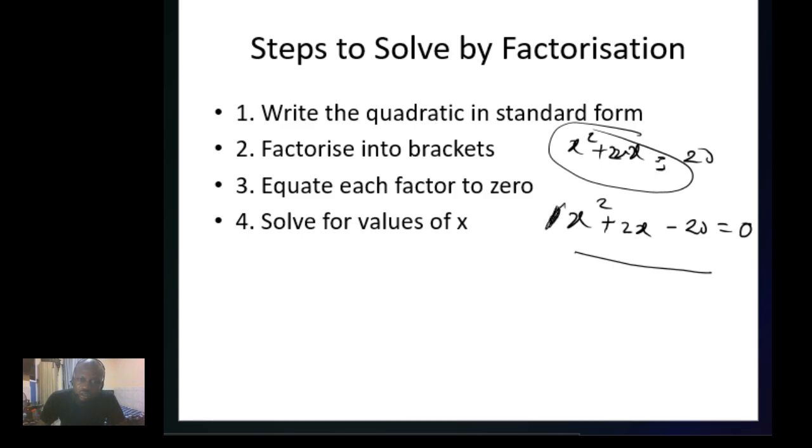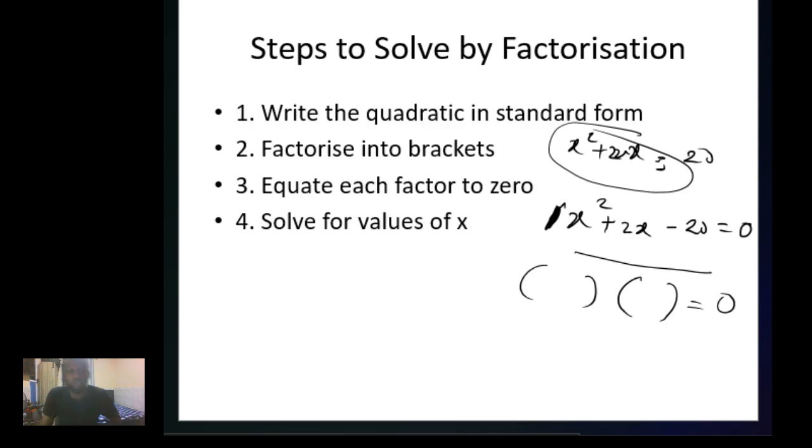If the coefficient of x squared is 1, it is referred to as a monic quadratic equation, and that is the one that is very easy to solve. From this step, just go straight to writing your factors. If you have a monic equation, you don't need to think too much.